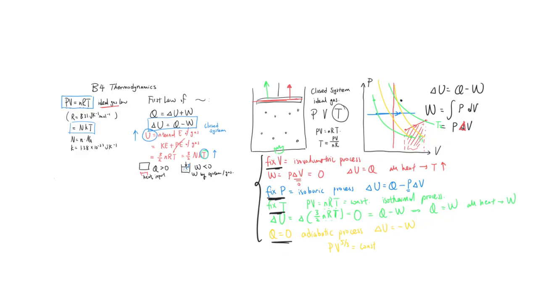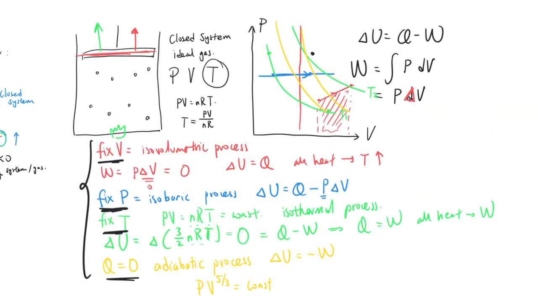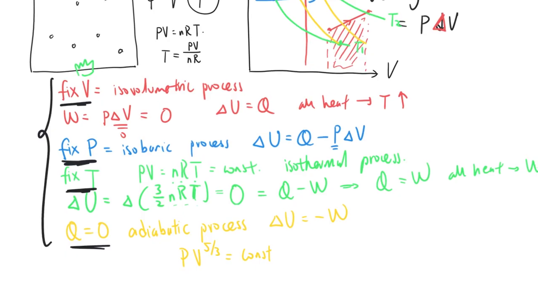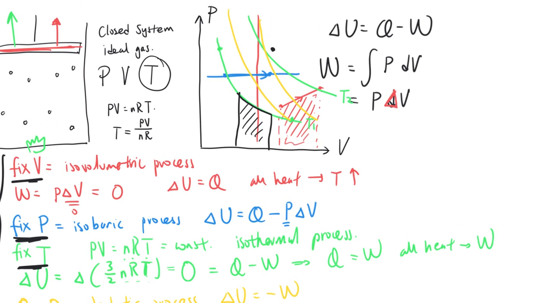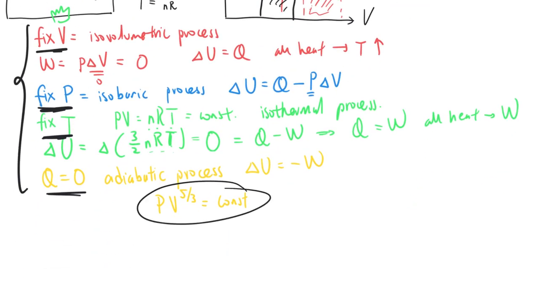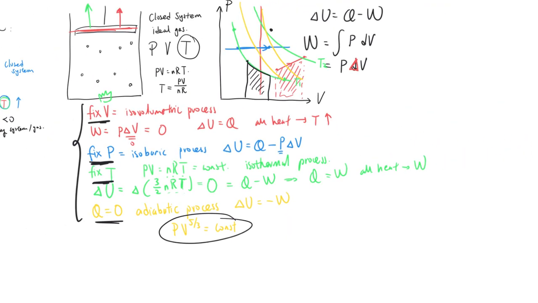And then in a separate video, I'll be doing some derivations about calculating the area under an isothermal process, like this area. Because you have a fixed curve, you can know exactly the integral in a very nice expression. But then also we're going to derive exactly why this equation here is true for adiabats.